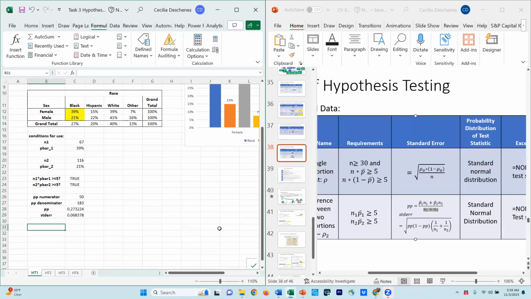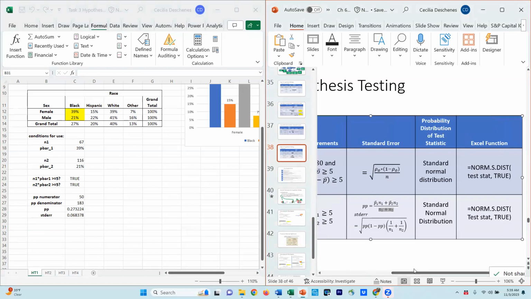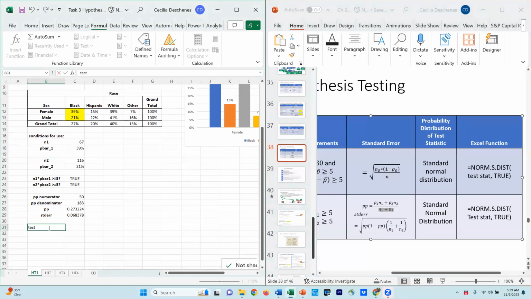Because we know from the chart, or because you already have it memorized, when we do a difference in proportions, we follow the standard normal distribution. So our test statistic is a Z, for the standard normal.